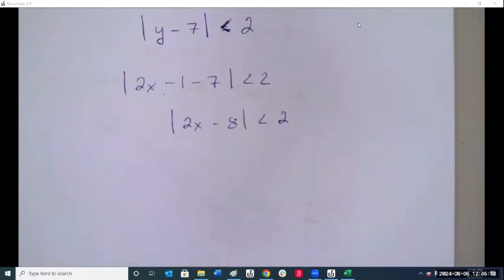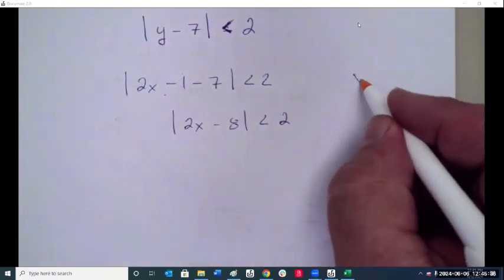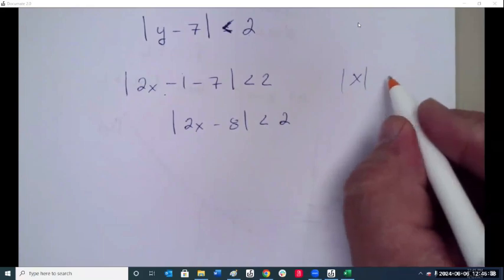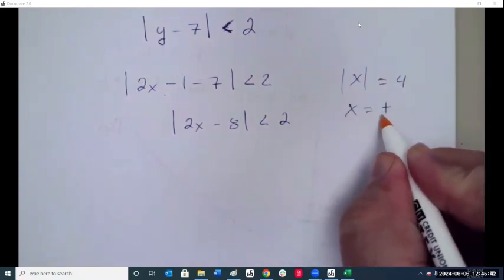We're solving for x. What do we have to do here to get rid of x? Or to solve for x? What do we have to get rid of? Absolute values. How do you get rid of the absolute values? Because absolute value means that if I drop the absolute value off of x, let's say absolute value of x equals 4, that means x can equal plus or minus 4.